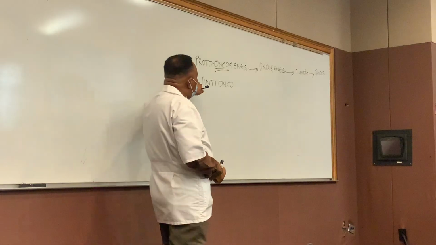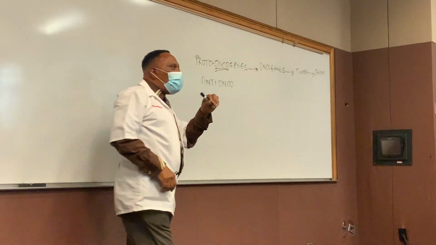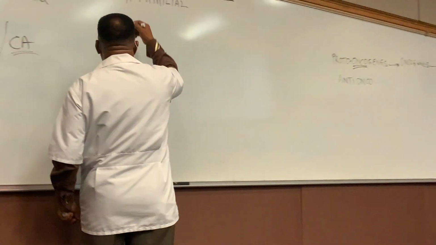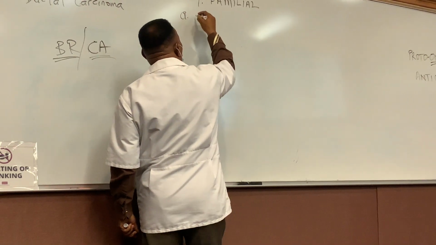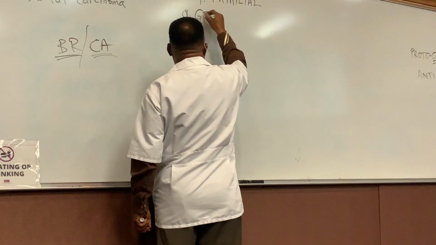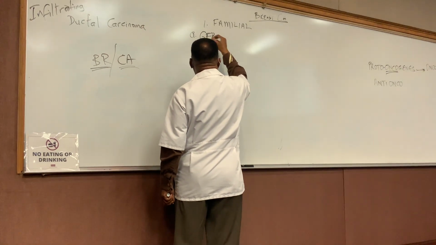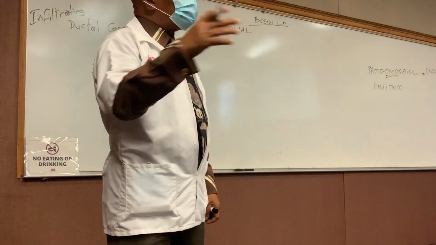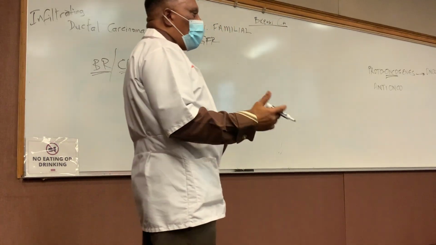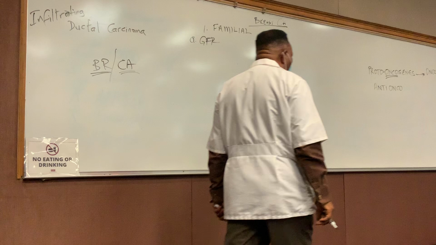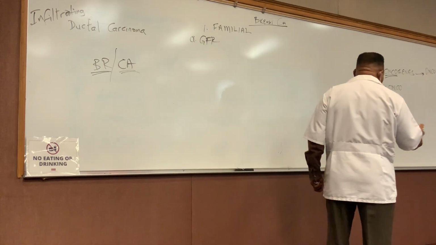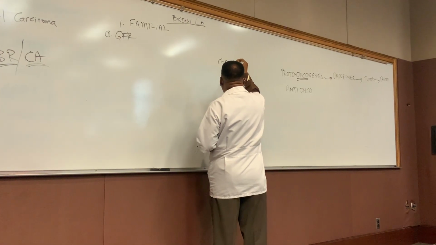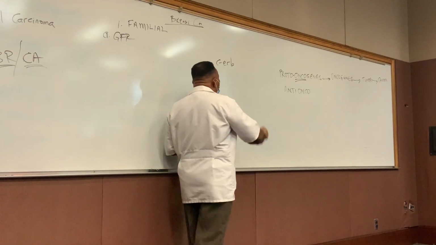So examples of those proto-oncogenes are what we sometimes refer to as GFR, growth factor receptors. Growth factor receptors. An example would be your ERB or CRB2 gene.